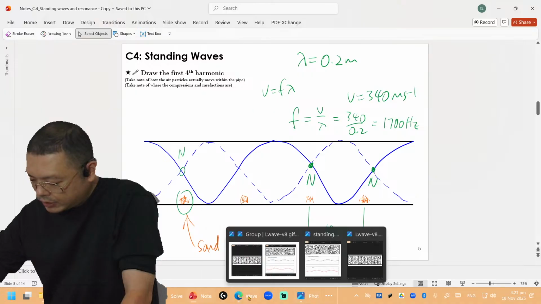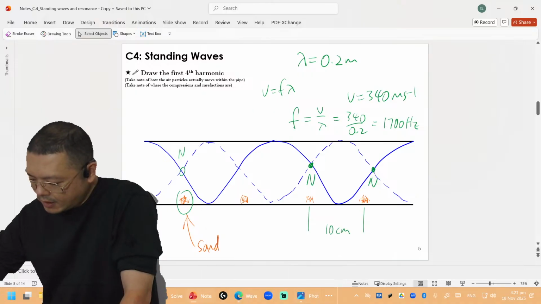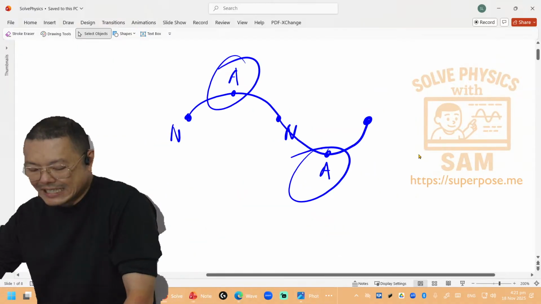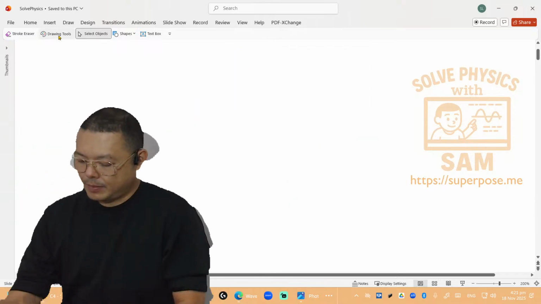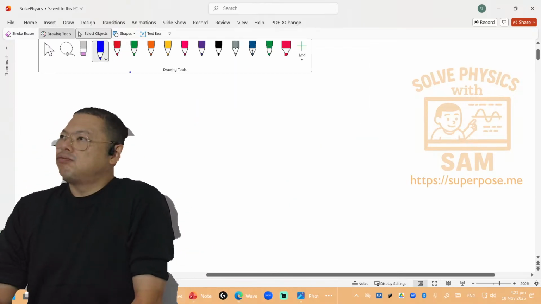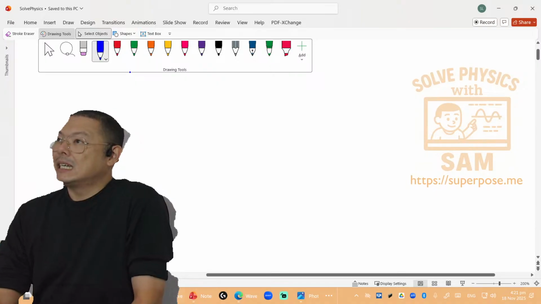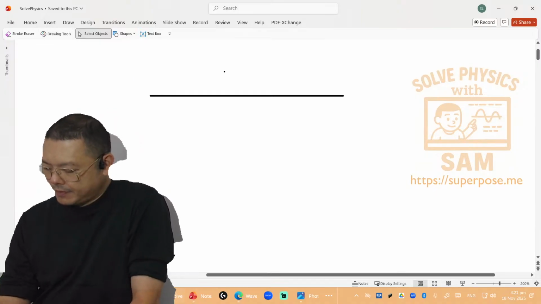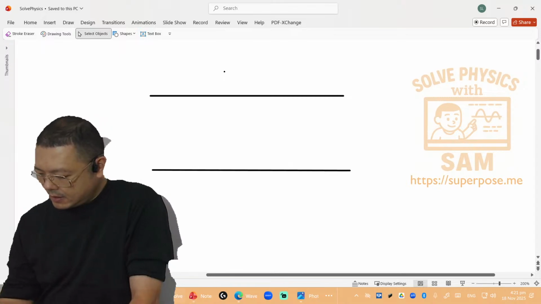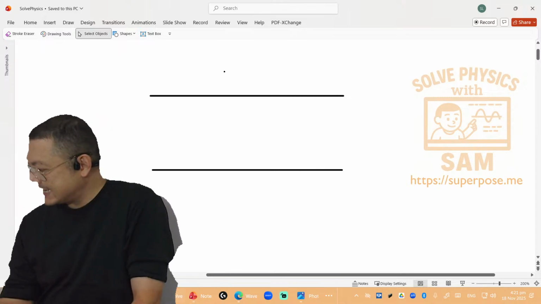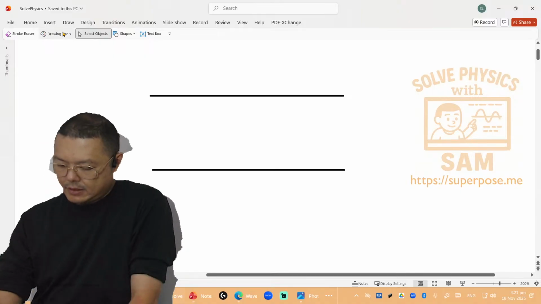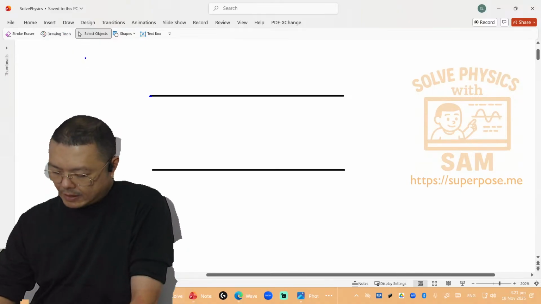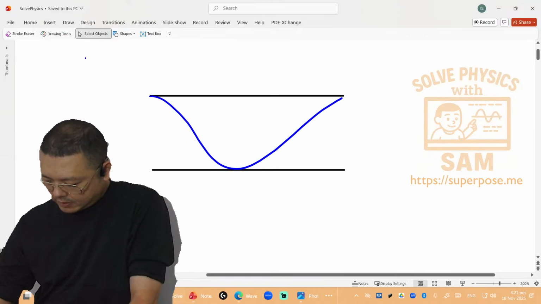In order to do that, I want you all to draw a nicer second harmonic of a sound wave. So draw a second harmonic here.